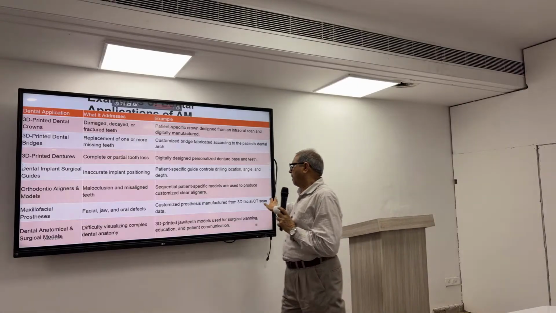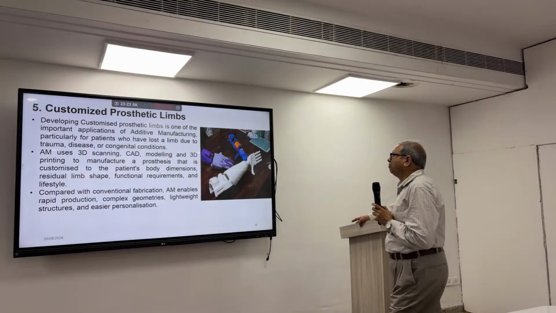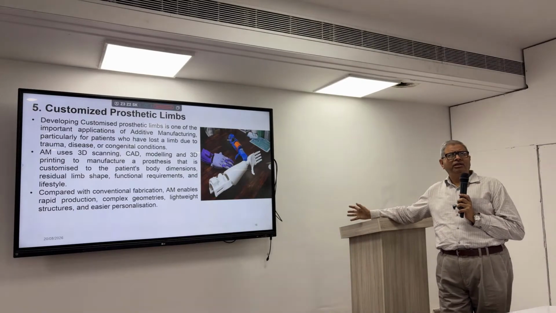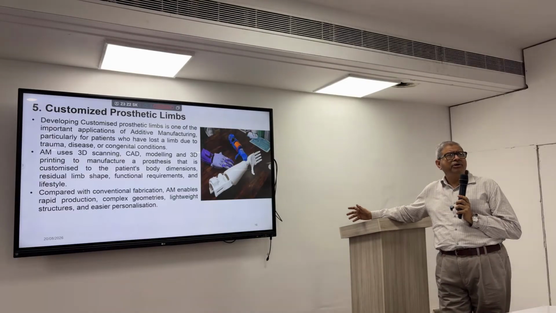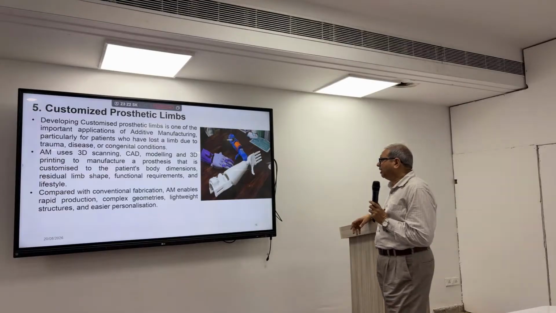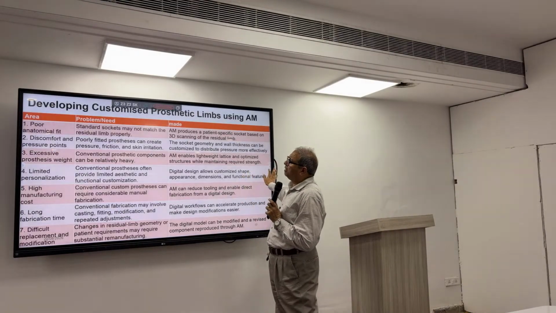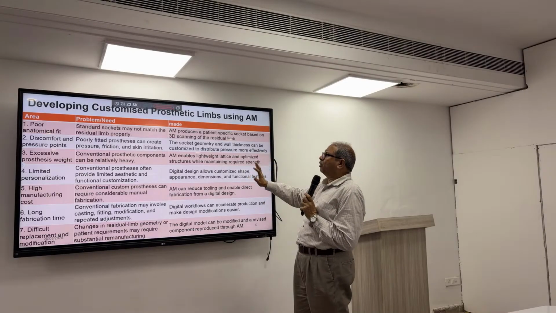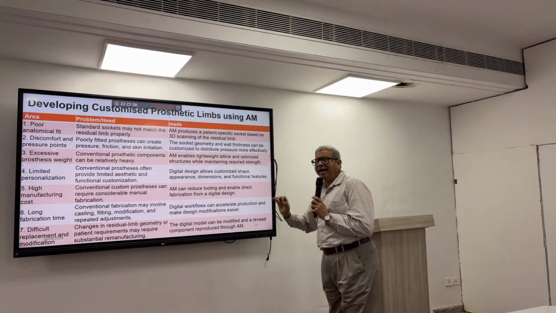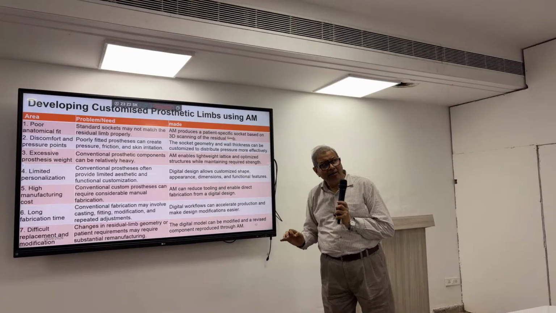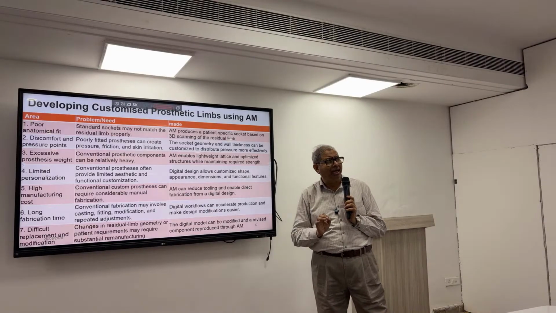And then customized prosthetic limbs. You must be knowing that a lot of research is being done, and these limbs are now reality, and they can also sense and they can work. And these customized prosthetic limbs are being made using AM. Why AM? Because AM uses very lightweight material, and complex printing can be done.